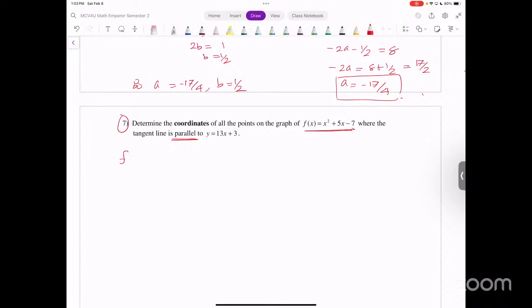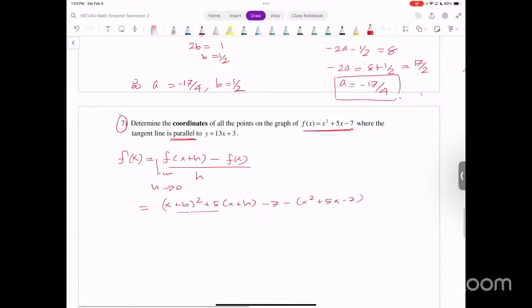So we need to find f prime of x. That is the limit as h goes to 0 of f(x plus h) minus f(x), divided by h. So that is (x plus h) squared plus 5 times (x plus h) minus 7, minus (x squared plus 5x minus 7), divided by h.